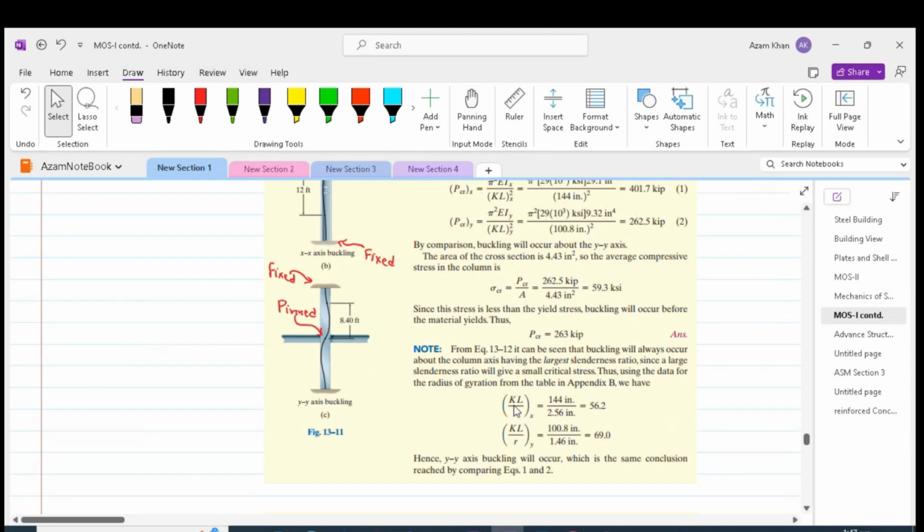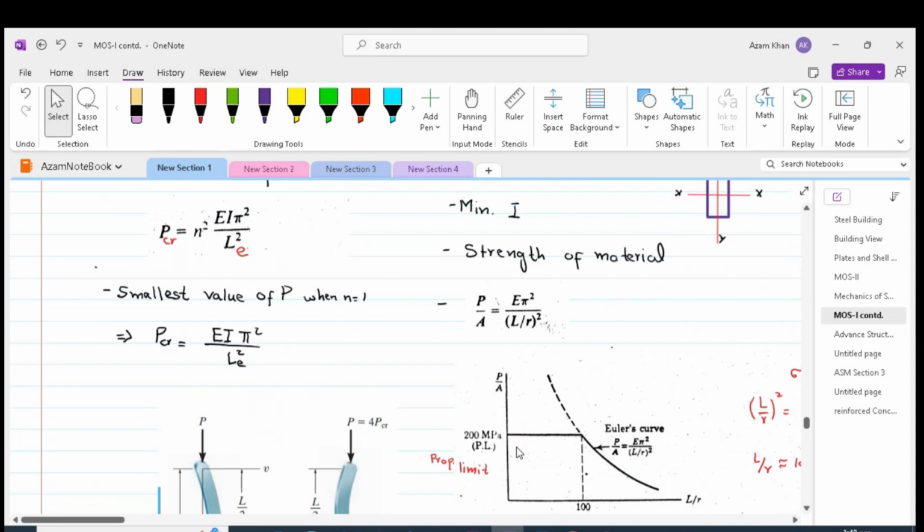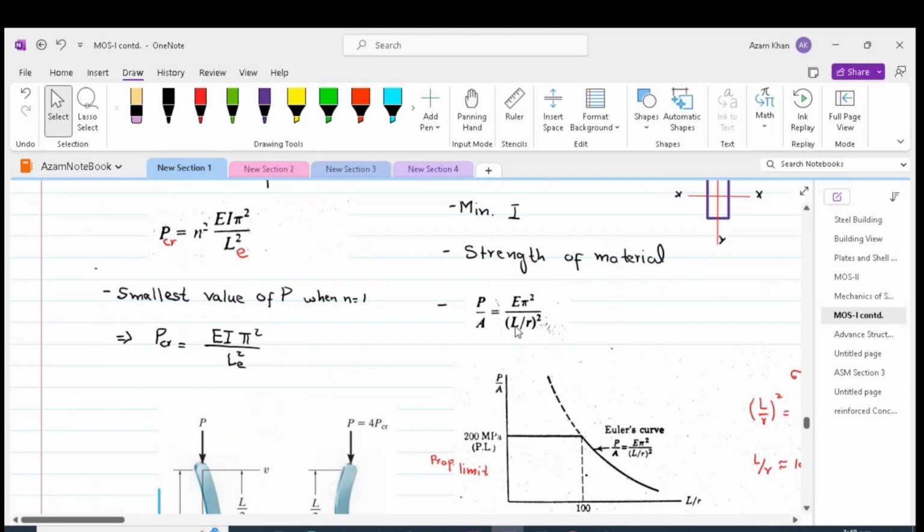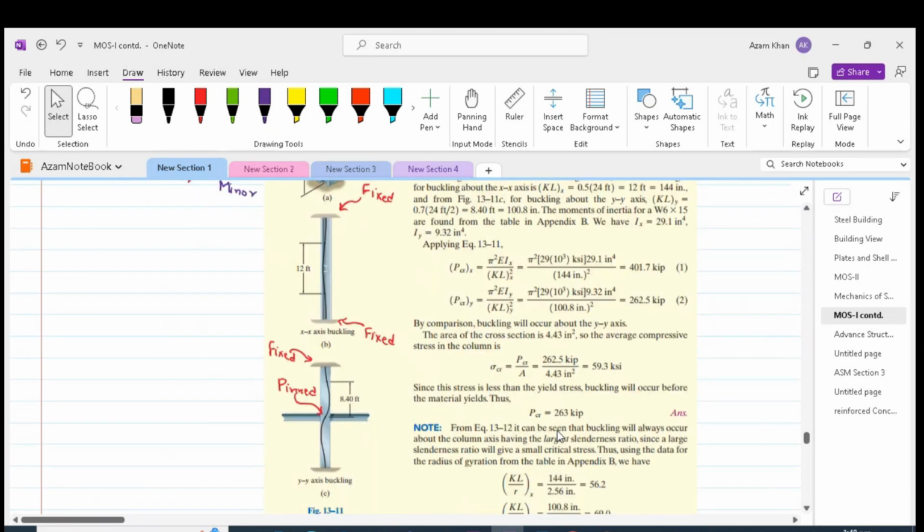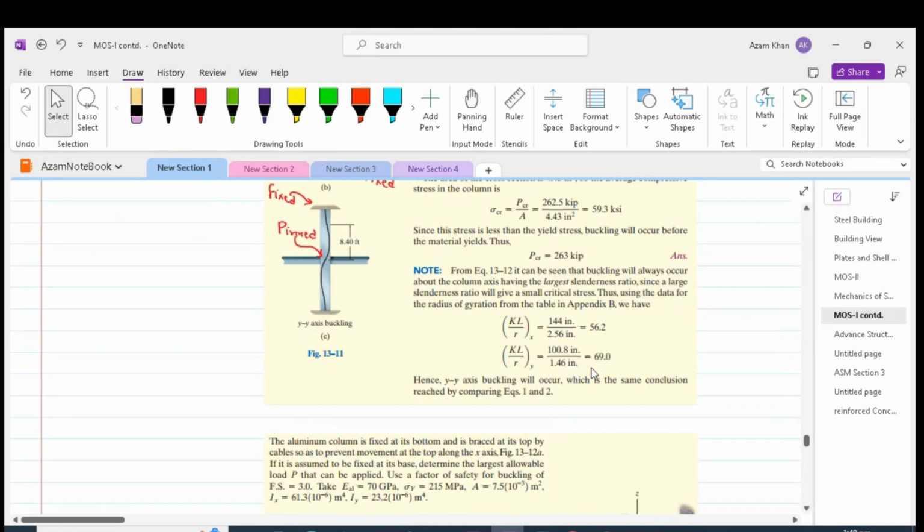So KL by r about the major axis is 56.2, and KL by r about the minor axis comes out to be 69. Now in this case, clearly the maximum slenderness ratio will be governing. So the maximum slenderness ratio corresponds to the minor axis, and that is governing.